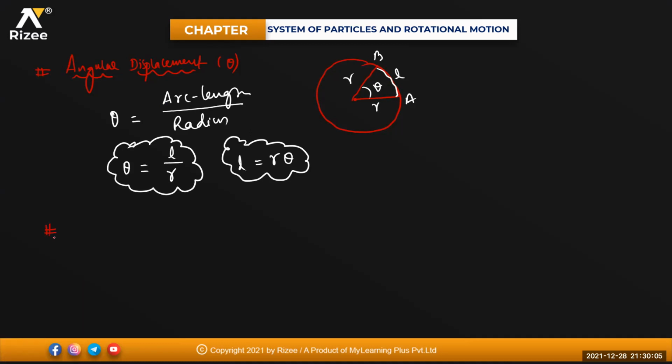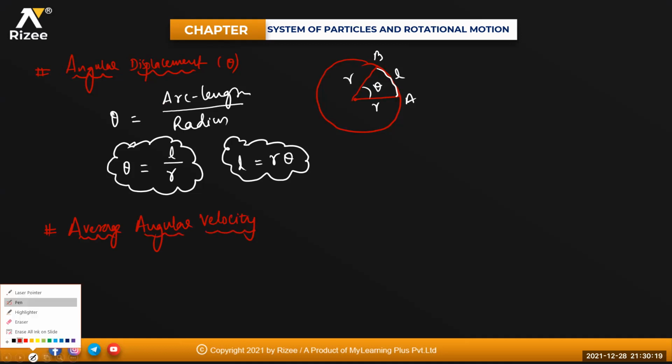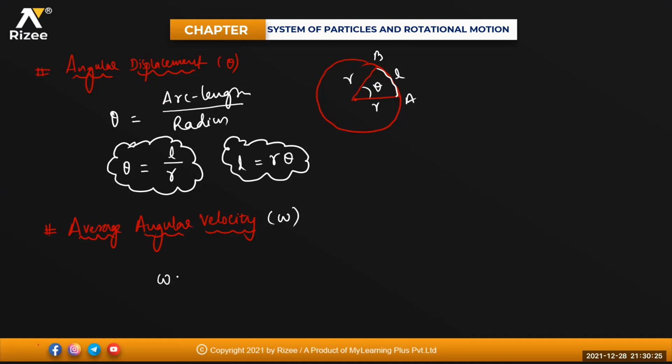Next one is average angular velocity. Simple condition. So V average is equal to how much? I hope everyone remembers it. Angular velocity is represented by letter omega. Omega is equal to rate of change of angular displacement, that is d theta divided by dt.